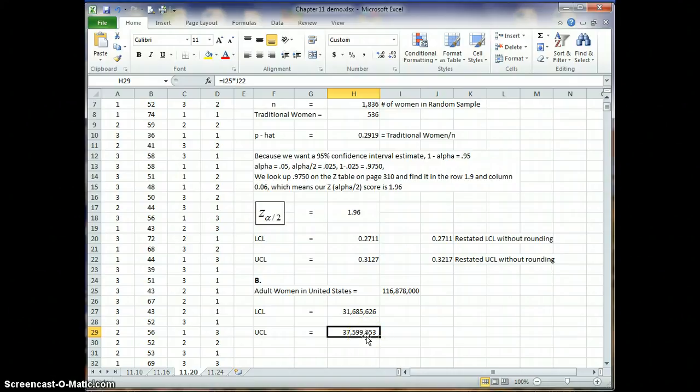Let me do that one again. Oh, I have a typo in there when I retyped it. It should be 0.3127. That's the danger of retyping it. You sometimes transpose numbers. So 36,547,751.